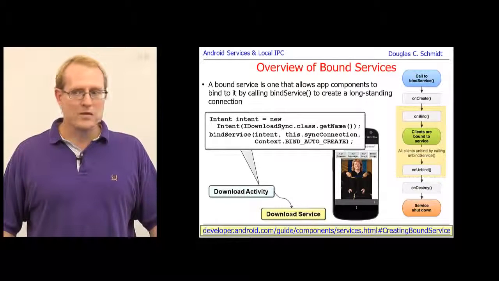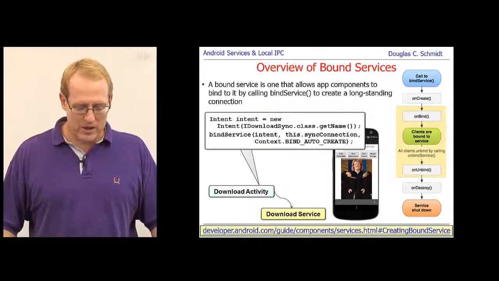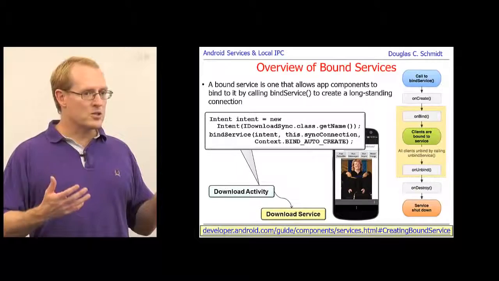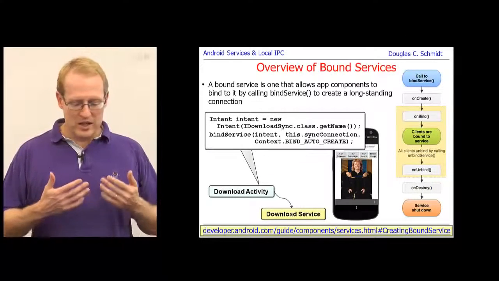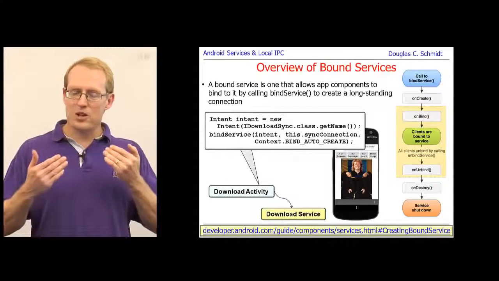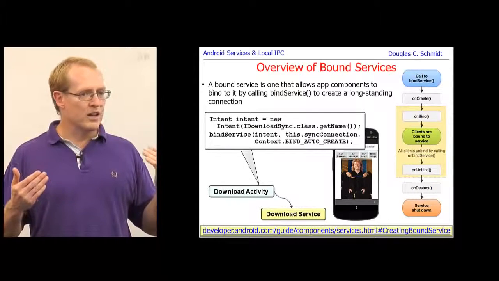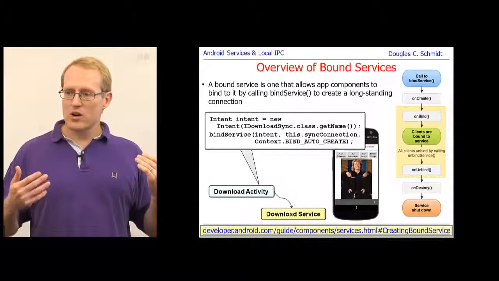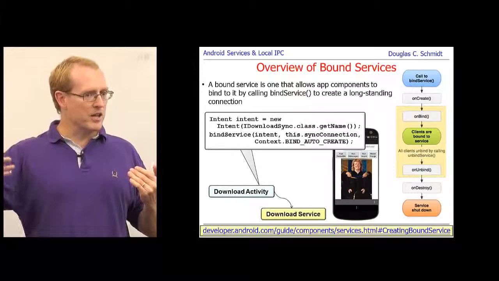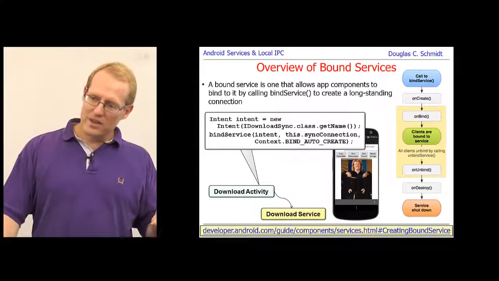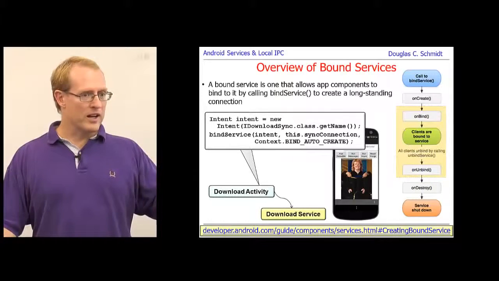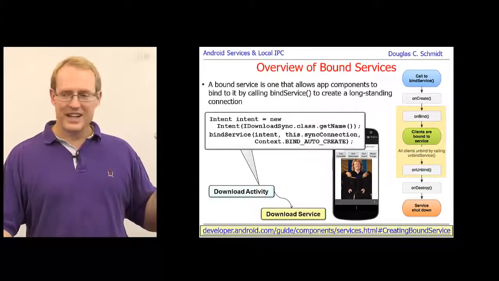So a bound service can be used by an application component to start the service if it's not already running, and if it is running, to bind to it so it can carry out a conversation over a connection that remains up and running for some period of time. So where a started service is created afresh each time you invoke start service and it's not already running, the bound service is typically started, and as long as there's someone connected to it, it'll stick around.